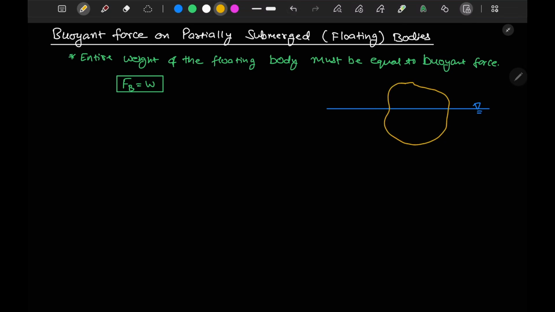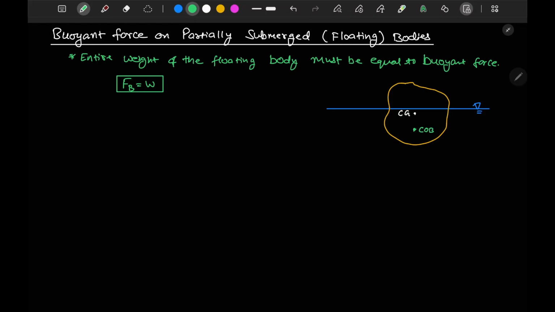Let's say this is the CG of the body, and at CG the weight of the body will act. And at the geometric center of the displaced fluid, somewhere here, this is your center of buoyancy.